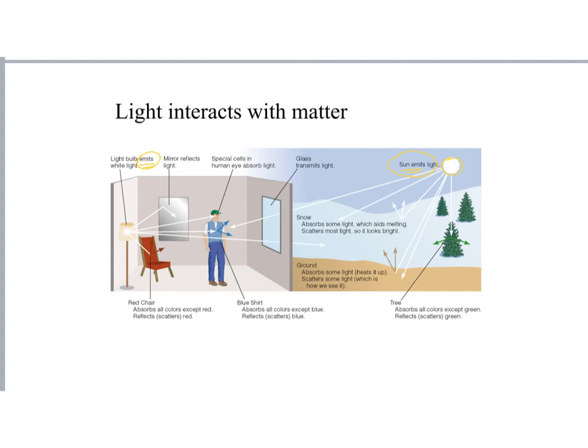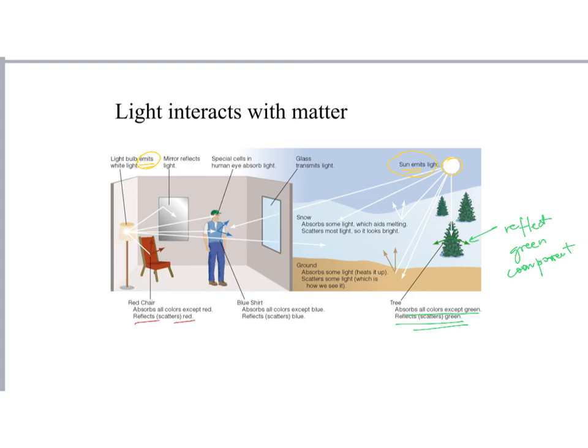And then we have, for example, these green trees. They are going to absorb all colors except the green. What's going to happen with the green? It is scattered. It is reflected. Look at those arrows. So reflect the green component.